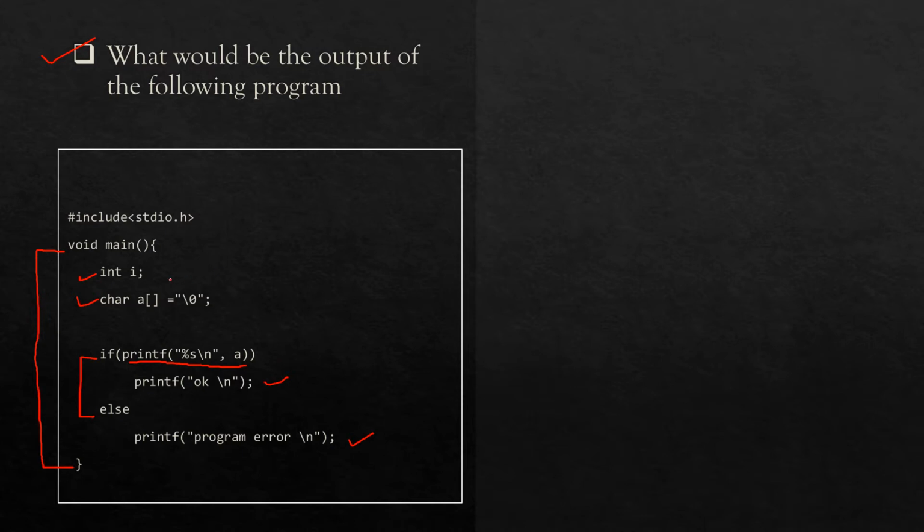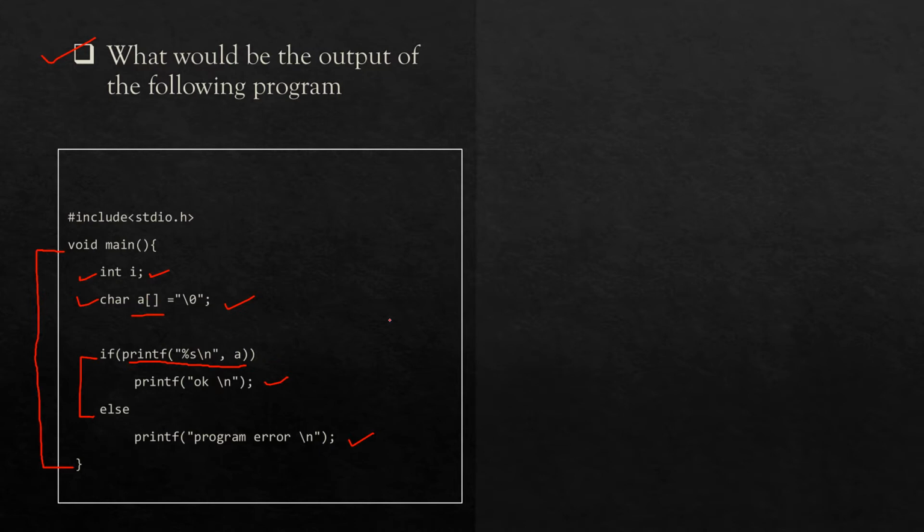We already know that the variable i is not used anywhere in this program, so we can ignore it because there is no use of this variable. But we have another variable, that is a character array, or we can say a string, which is initialized with a null value, that is backslash 0, and inside the if we are using this variable.